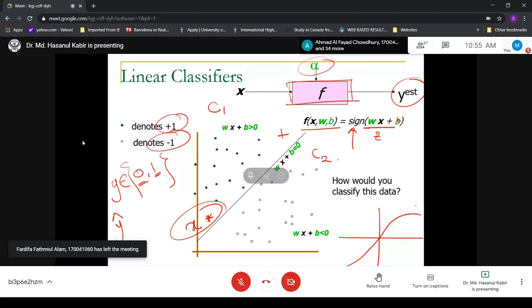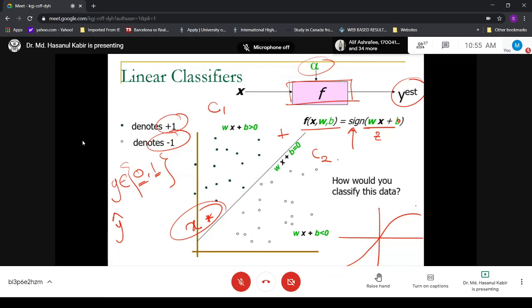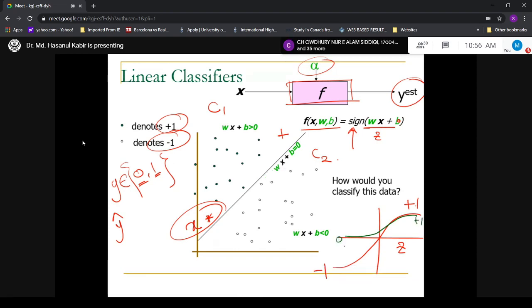Did you understand my question? The hyperbolic tangent function gives you an output value in the range of +1 to -1, but if I use the sigmoid function, we know that it gives you a value in the range of 1 to 0, right?